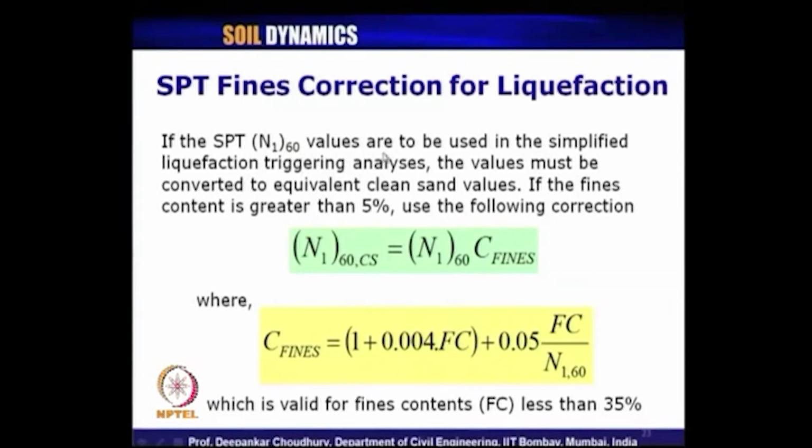Now, these values are to be used in the simplified procedure of liquefaction triggering analysis. The values must be converted to equivalent clean sand condition. So, if the percent fines content in your soil sample is greater than 5%, then the following equation or correction factor has to be used.